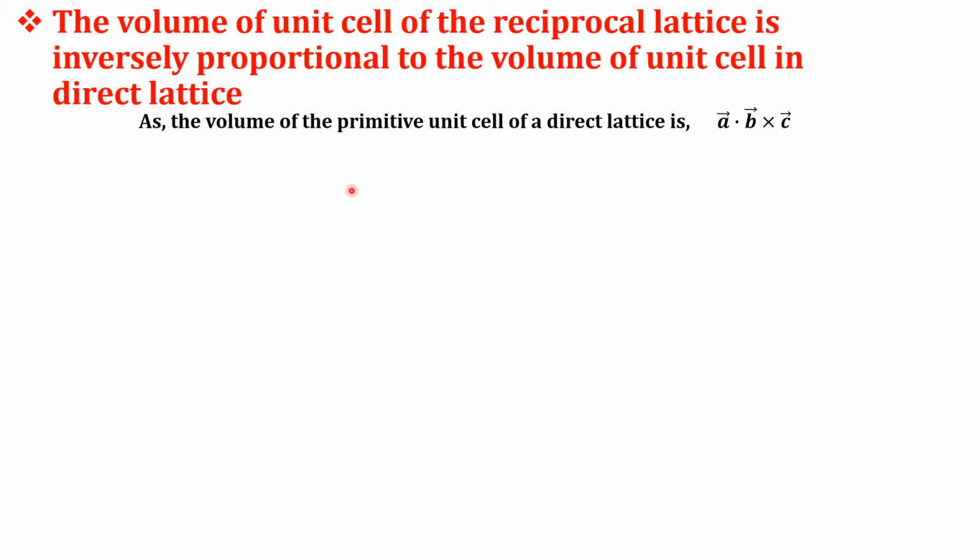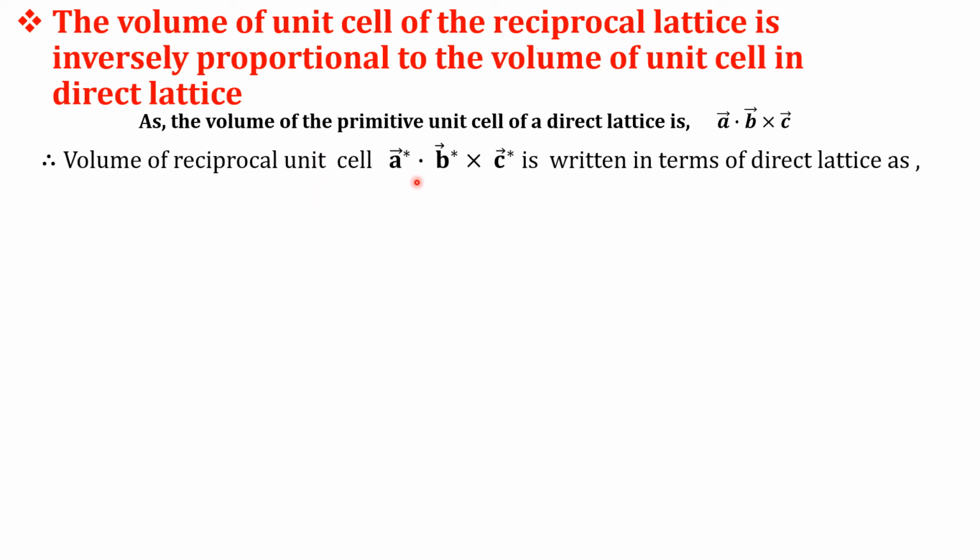For that, we firstly note the volume of unit cell in the direct lattice, and it is vector A dot vector B cross vector C. And volume of unit cell in the reciprocal lattice is vector A star dot vector B star cross vector C star.